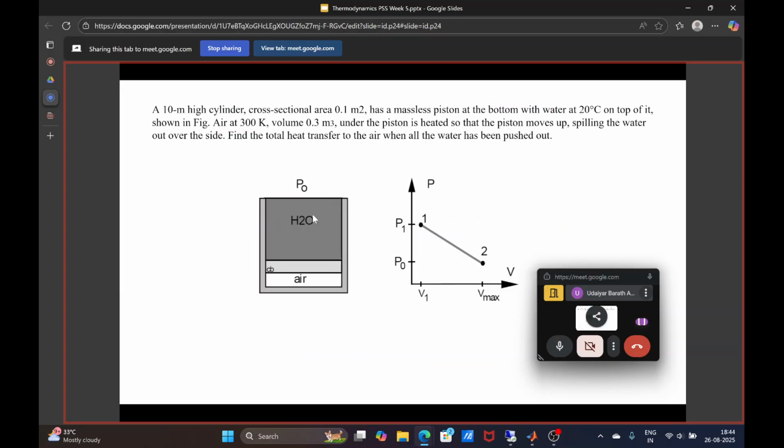So we'll see first. Initially there is a pressure which is exerted by the air from the bottom. So doing a force balance here, you have the pressure of the air which is acting from the bottom.